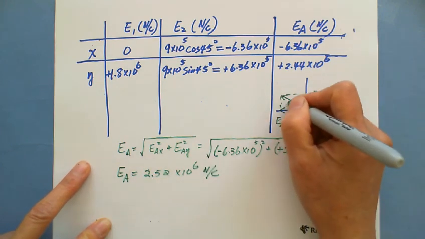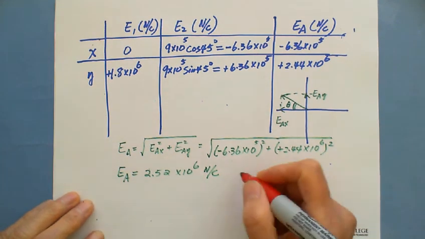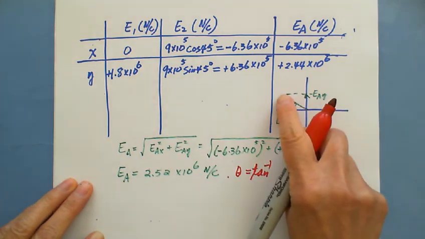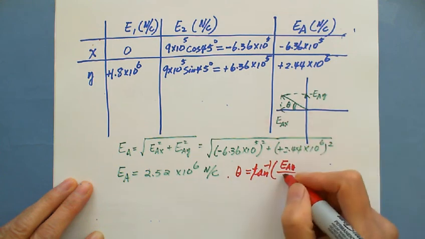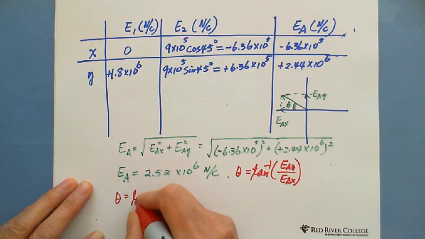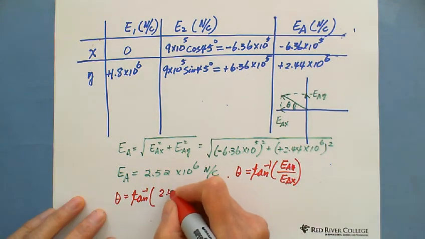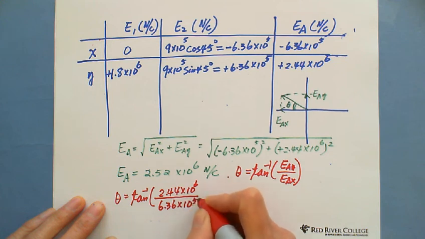So the angle theta equals inverse tan of opposite, which is EA y, over adjacent, EA x. The EA y is 2.44 times 10 to the 6 over x, which is 6.36 times 10 to the 5 exponent.